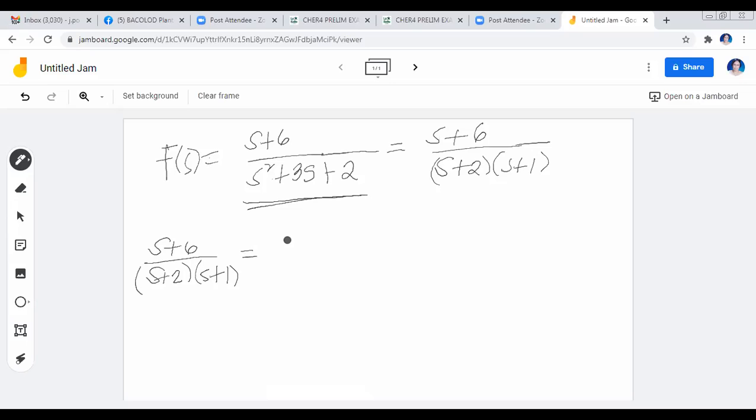So you have s plus 2 and s plus 1. You will have here an A for the s plus 2 factor. We call this the method of partial fractions, and you will have the B over the s plus 1.